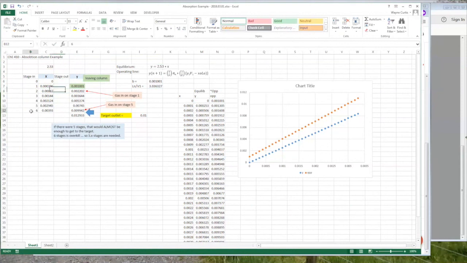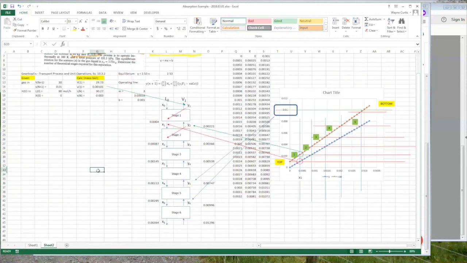So when I get the whole way down here, I'm actually looking to have a target of 0.01, which you can see is between these two here. And this number here is n plus 1. And so this is actually stage 5 plus a little bit, not stage 6, because of the nature of there's a stage there. And on one hand, I'm looking at what's going in on the stage. In this case, it's out, and in has n plus 1.